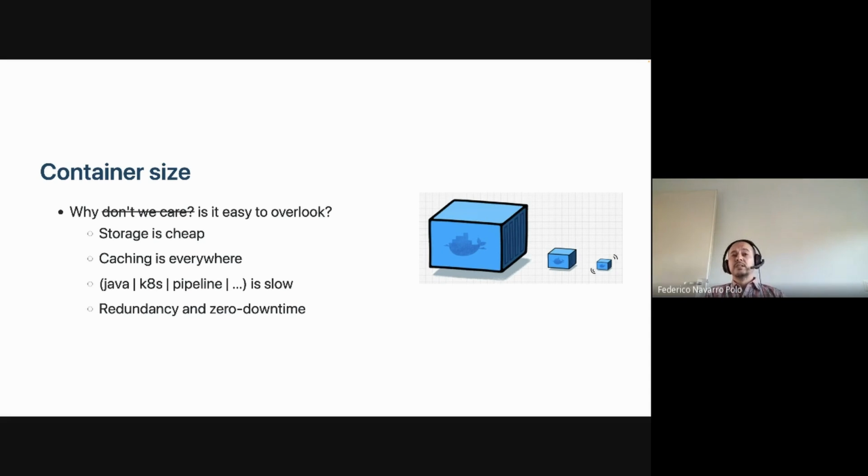Probably not. And even when deploying a new image, nowadays we have redundancy and zero-downtime deployments. We don't notice, we just click a button, go for a coffee, come back 15 minutes later, and the deployment is done.